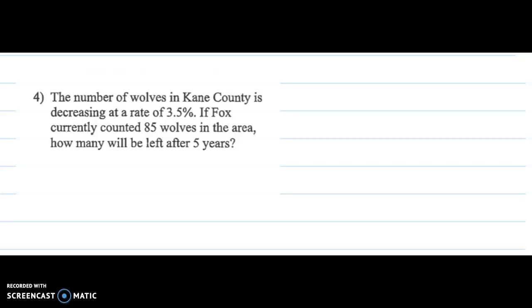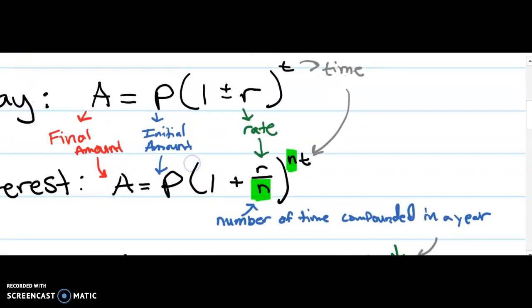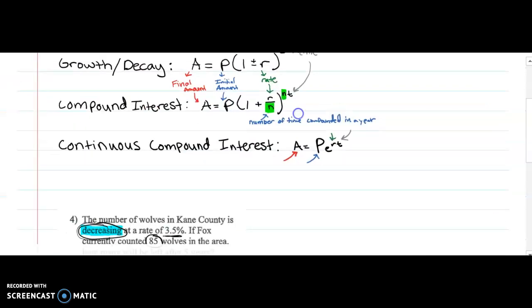Okay, so this one, we see decreasing, we see 3.5%, and we see 85 wolves. Since we see decreasing, that's our keyword for knowing that this is going to be exponential growth or decay. We're going to use the first one right here, A = P(1 ± r)^t.